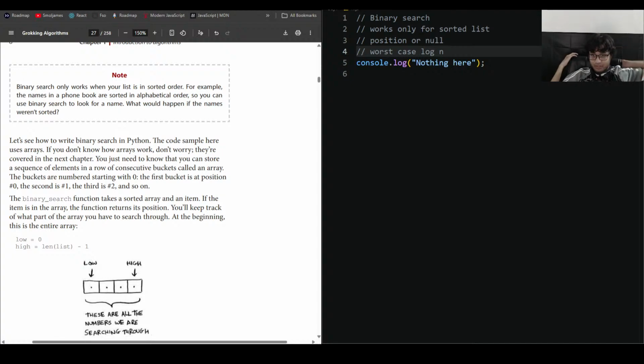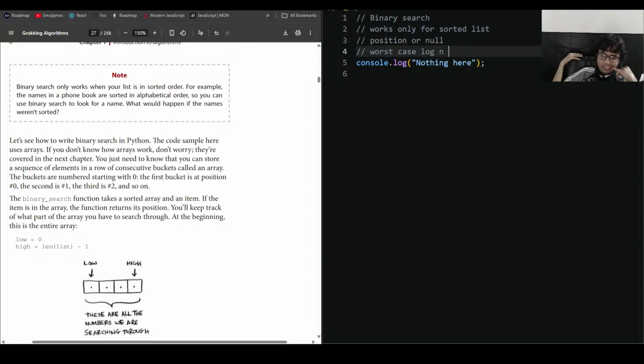The binary search function takes a sorted array and an item.